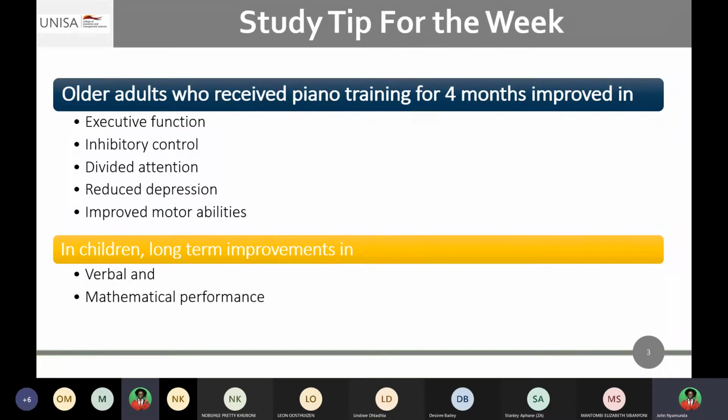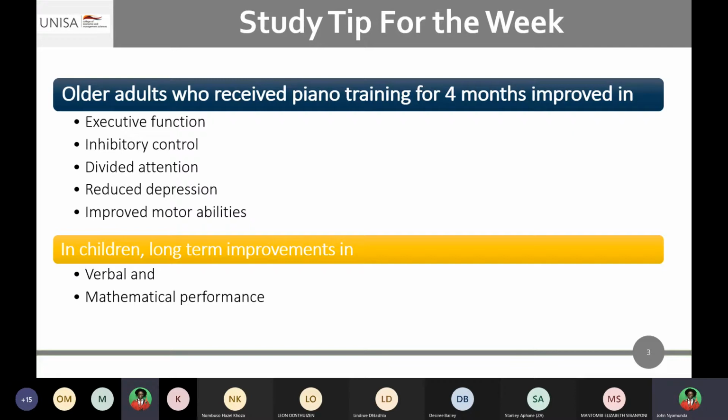There was a program done for older adults, people over the age of 65, where they were trained on the piano for 4 months. Compared to those who were not trained, those who were trained showed that their executive function, the ability to make decisions, improved.